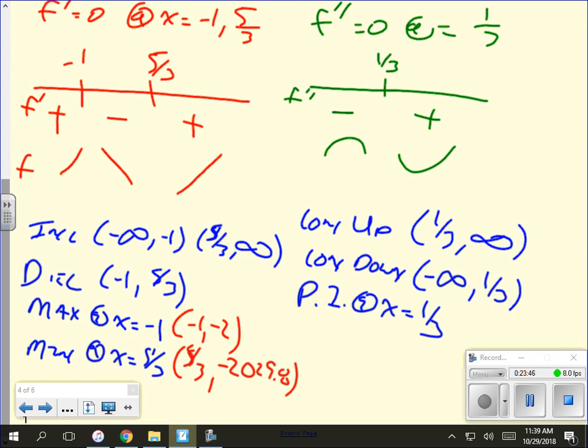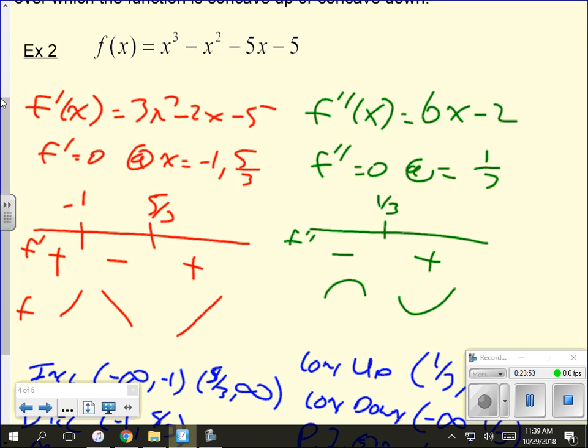And then my point of inflection, I can locate that. Same thing, plug in 1/3 into the original one. So 1/3 cubed minus 1/3 squared minus 5 times 1/3 minus 5 equals negative 182/27.